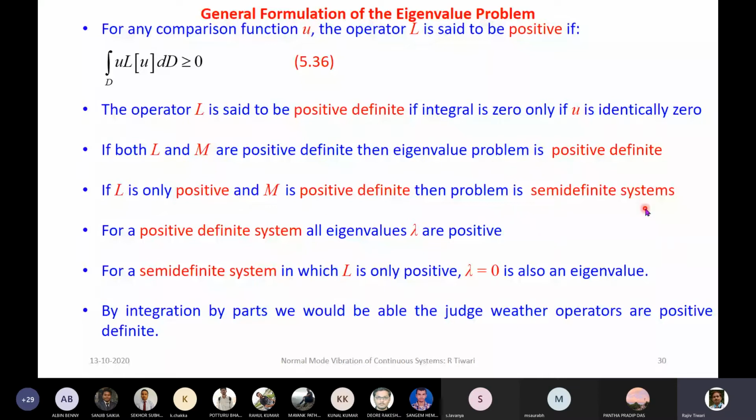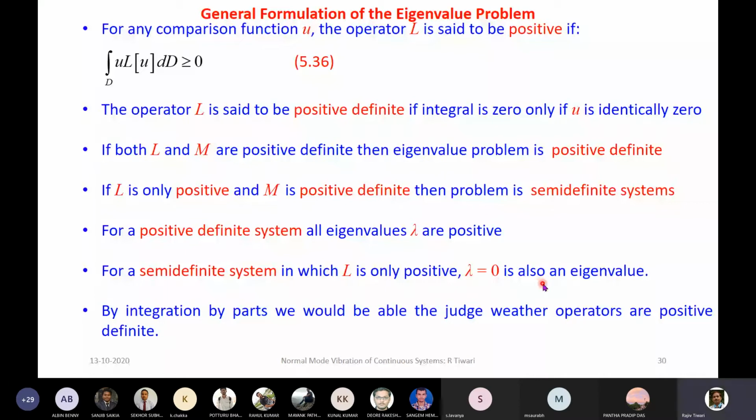For a positive definite system, all the eigenvalues are positive, as we had in the case of discrete systems. For a semi-definite system, where L is only positive, we will have at least one eigenvalue equal to 0, and that will belong to the rigid body mode.